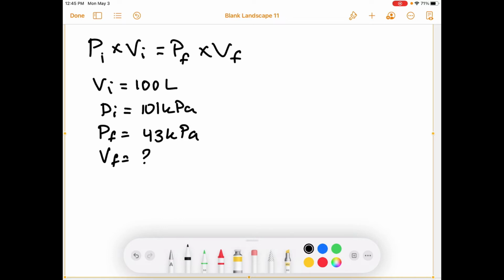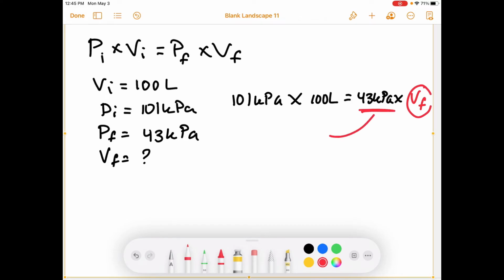So, we know that the initial pressure is 101 kilopascal times the initial volume, which is 100 liters, equals 43 kilopascal times, we don't know the final volume. In order to get the final volume by itself, because that's what we need to find out, we need to move this to the other side.